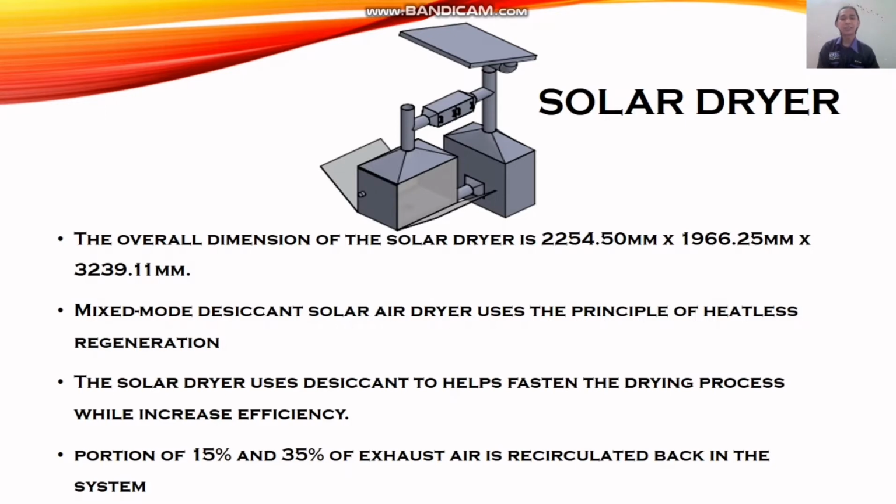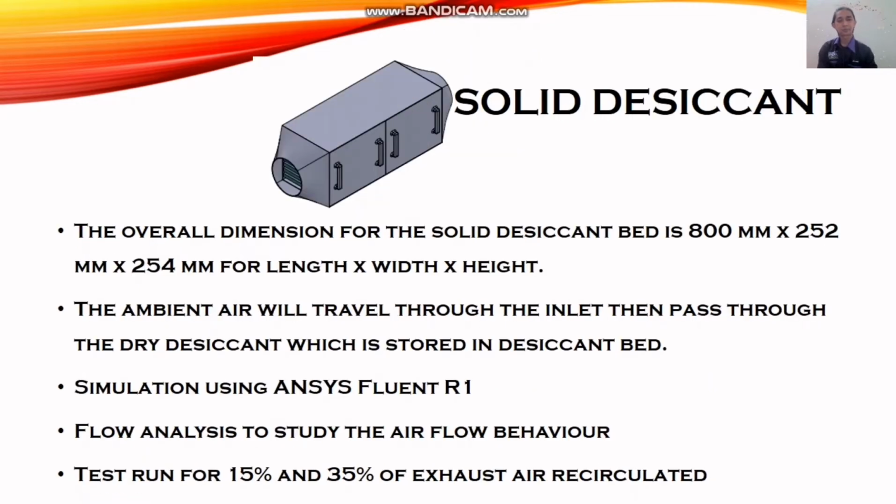The solar dryer uses desiccant to help fasten the drying process while increasing efficiency because the air is not wasted to the atmosphere, but is recirculated back into the system, and a portion of 15% and 35% of the exhaust air is recirculated back.